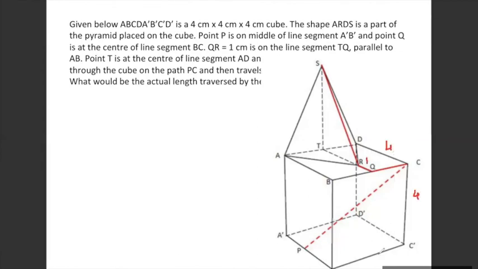This is 4. ST, which is this vertical height, is 4 also. Yeah, that's all you need. And this is also 4, obviously.